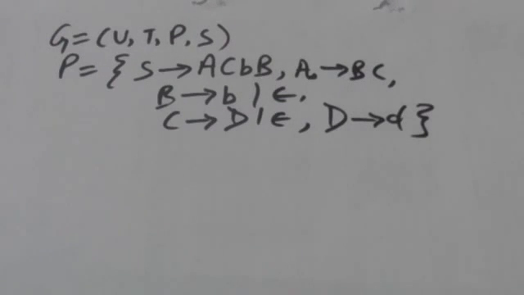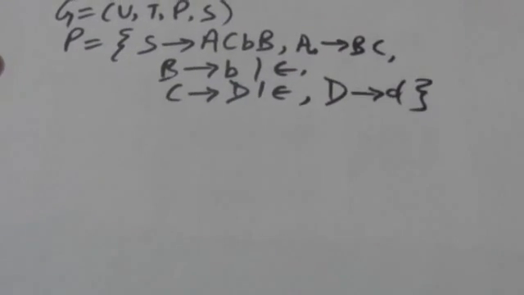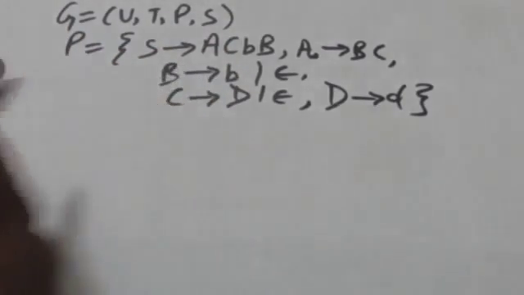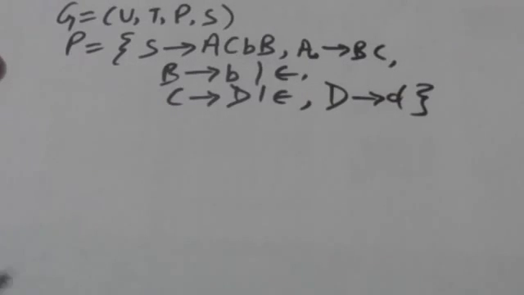We have to eliminate empty productions from the set P of this grammar G. So first of all, we will find nullable variables. Now see these productions. How to find nullable variables, this I have taught you in the previous tutorial.